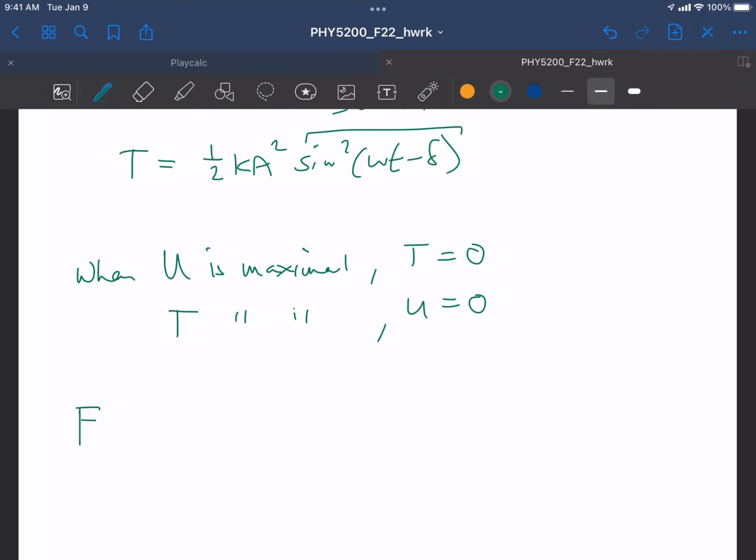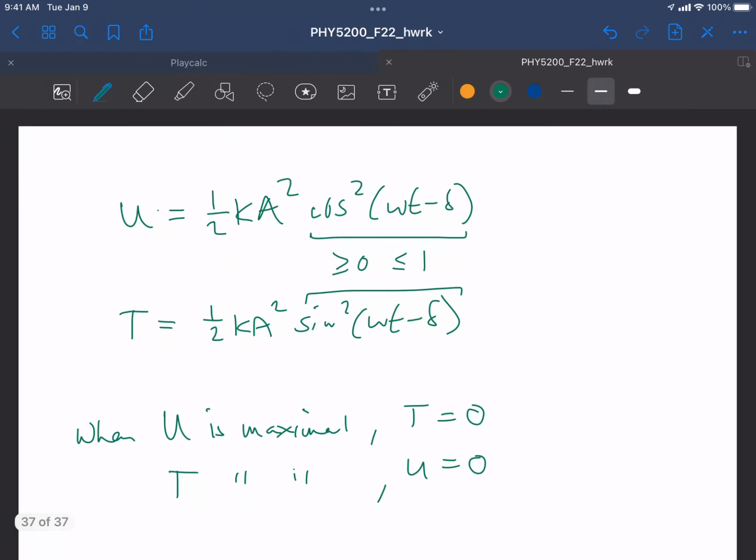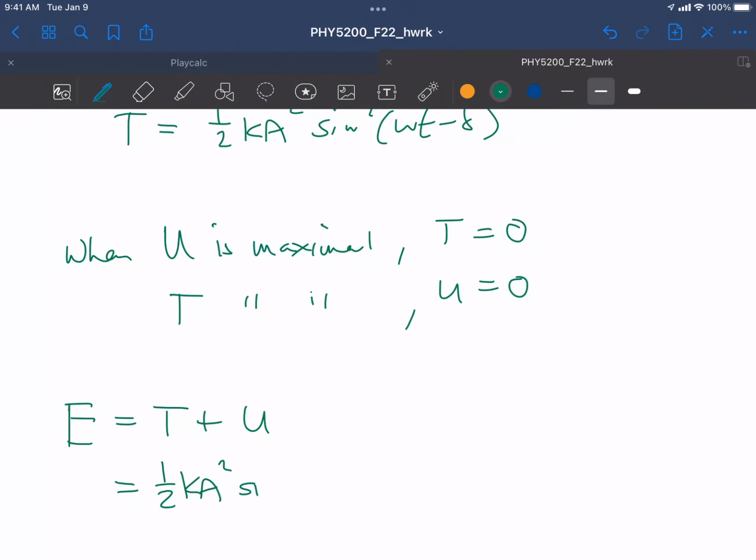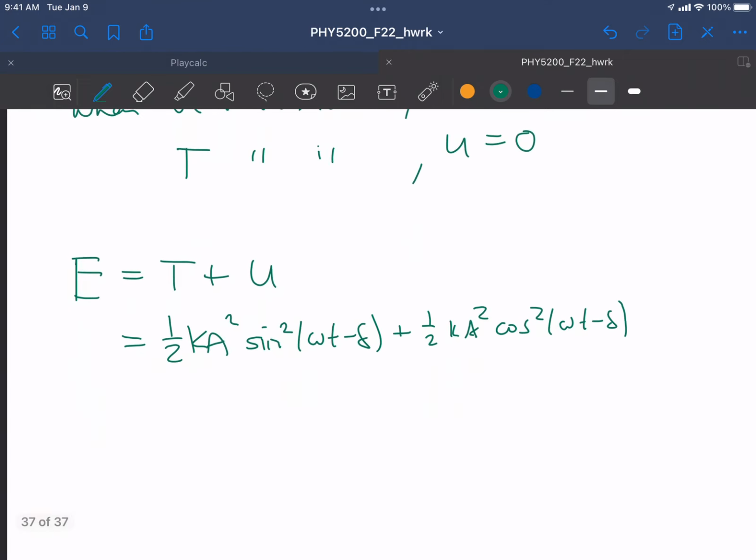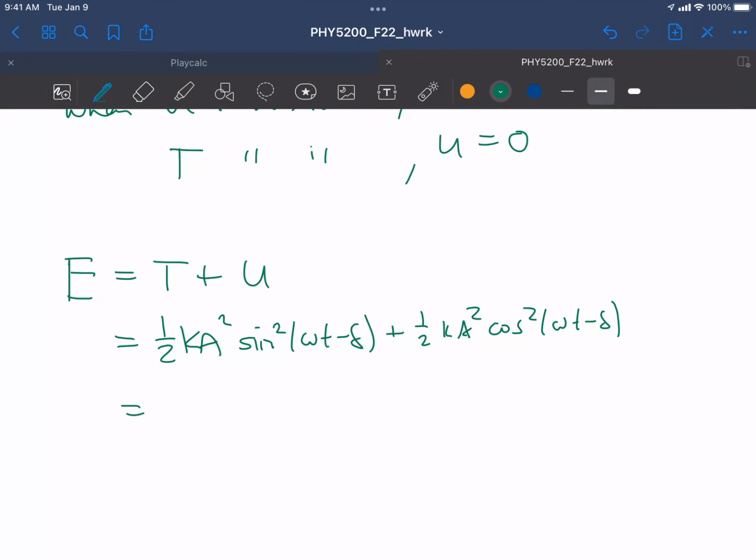So the total energy, E, is T plus U, which equals 1/2 k a squared sine squared(omega t minus delta) plus 1/2 k a squared cosine squared(omega t minus delta), which is equal to 1/2 k a squared times (sine squared plus cosine squared).